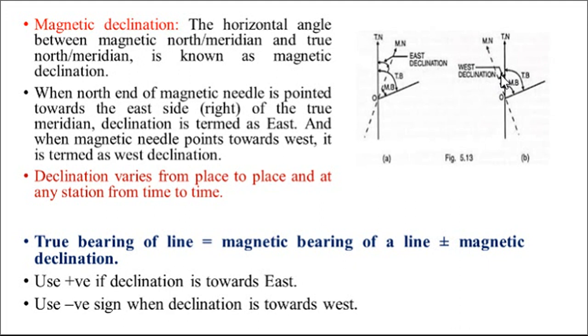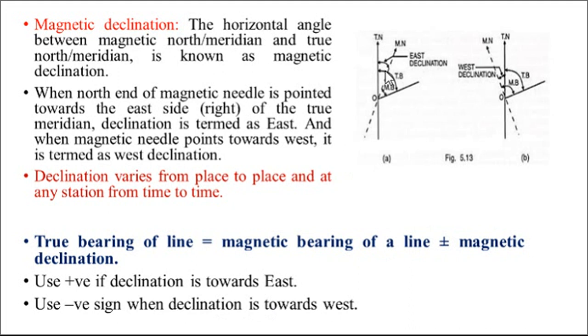Now, how to find the true bearing of a line by knowing the declination? The formula is: true bearing of a survey line is equal to the magnetic bearing of the survey line plus or minus the magnetic declination. We have to use a positive sign if the declination is towards east, and a negative sign when the declination is towards west.